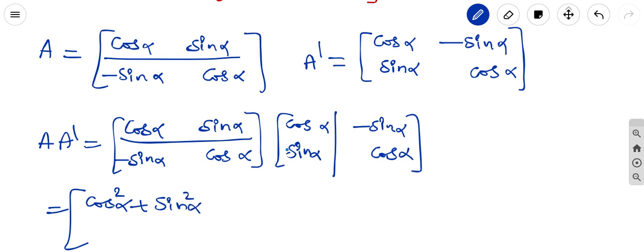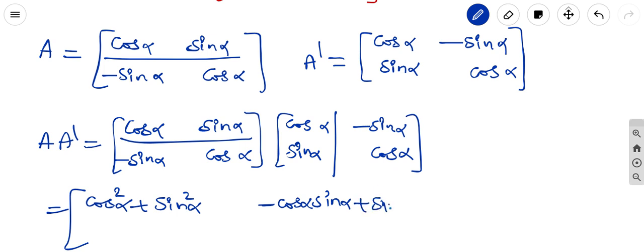The first row first column multiplication is the first element of the resultant matrix. Next, first row second column: minus cos alpha into sin alpha plus sin alpha into cos alpha.